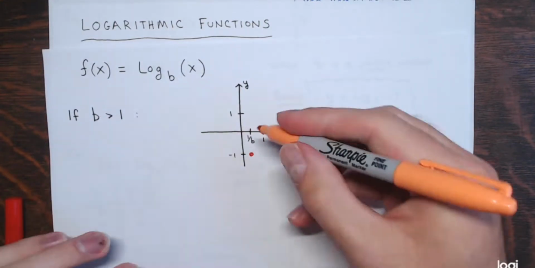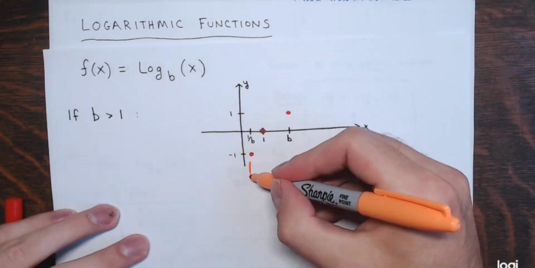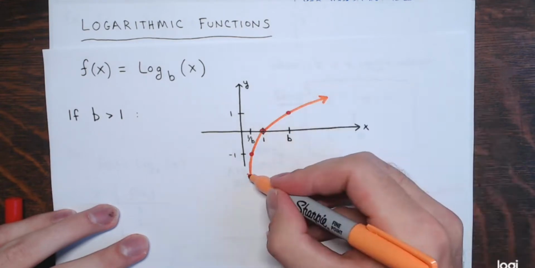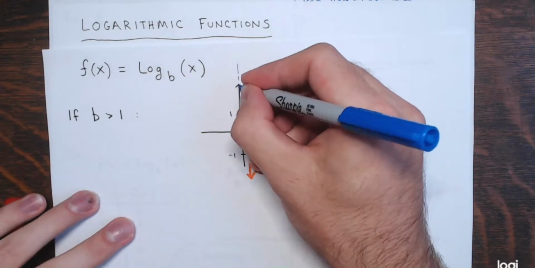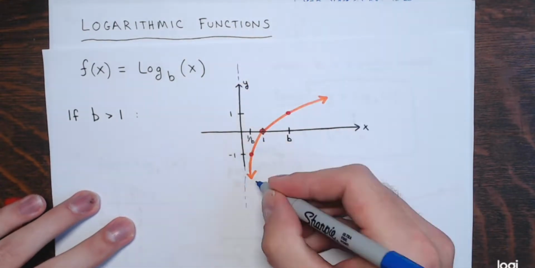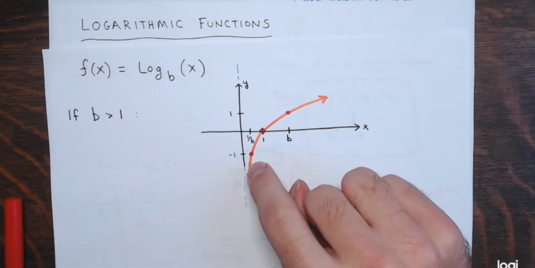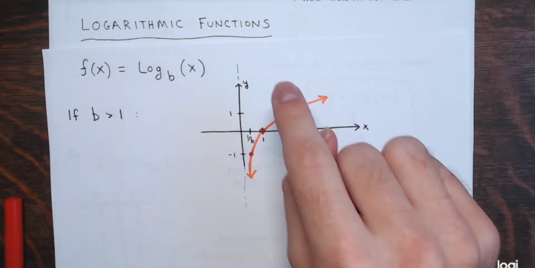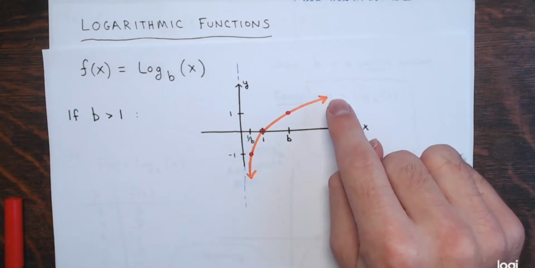And it'll look like an exponential function, but to the right of the y-axis, right? It is not touching the y-axis. Something like that. Again, the y-axis is a vertical asymptote. The graph will get as close to the y-axis as you wish, but never actually touch it. And when the base is bigger than 1 for these basic logarithmic functions, the graph will be increasing as you move from left to right.